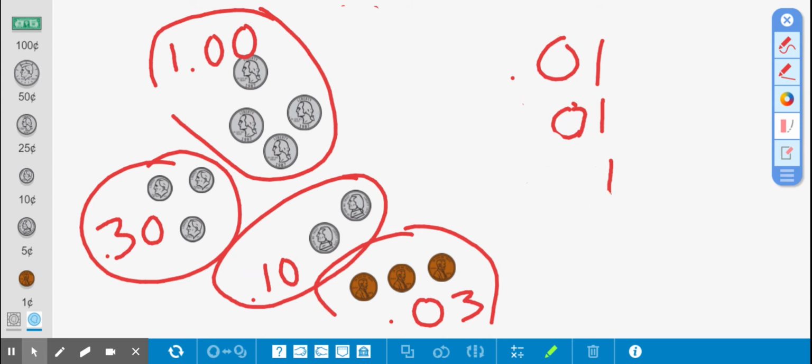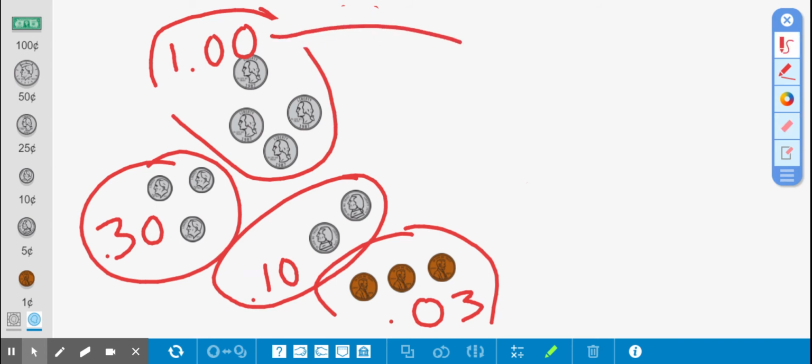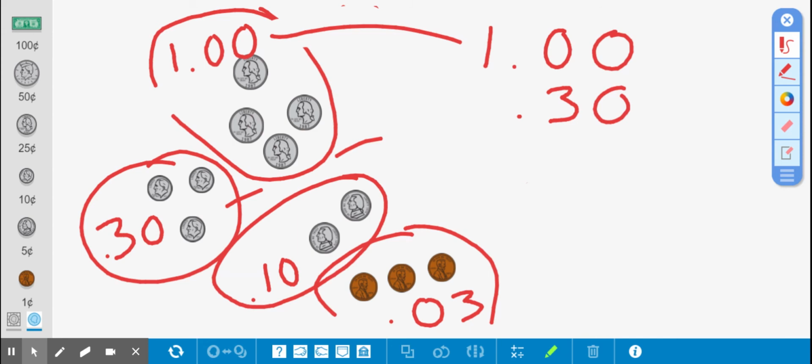The subtotals are the values that we gave to each one of these piles. So I'm going to bring the dollar worth of quarters over here. We're going to write 1.00, $1. I'm going to bring the dimes over, and that's worth 30 cents, we found out. I'm going to bring the nickels over, which we found out was 10 cents.